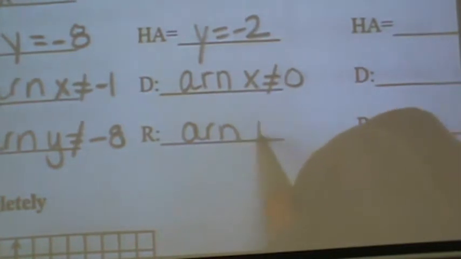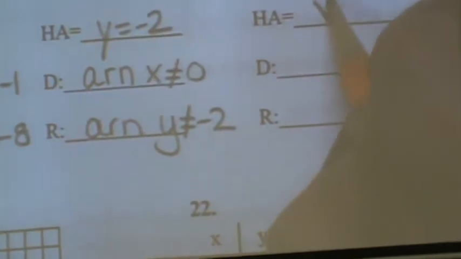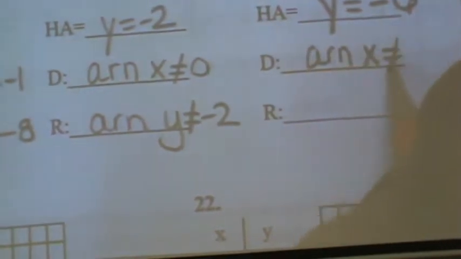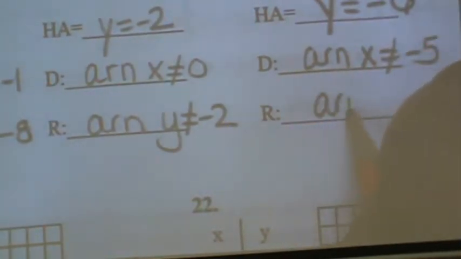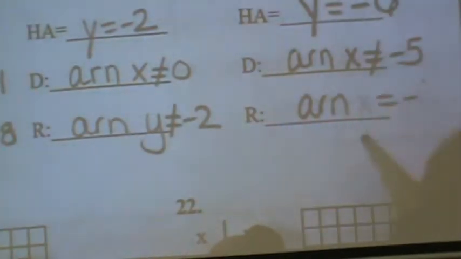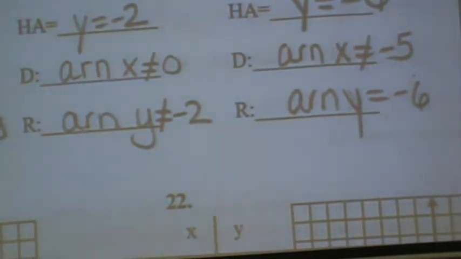All real numbers, y cannot be -2. 25. X equals -5. Y equals -6. Easy?